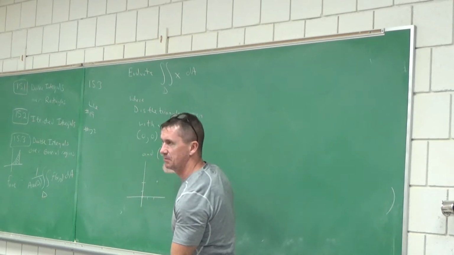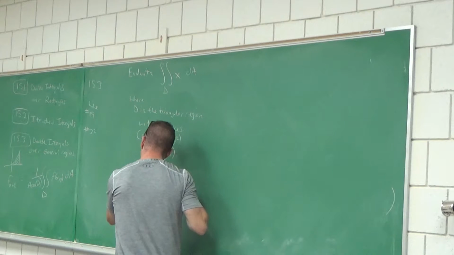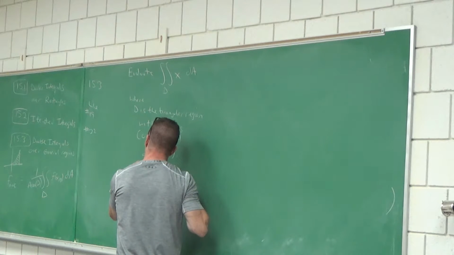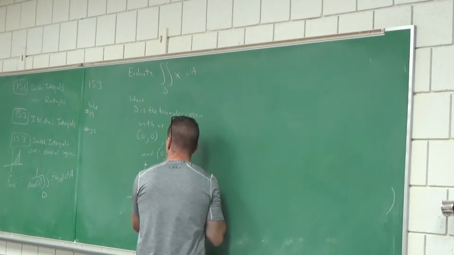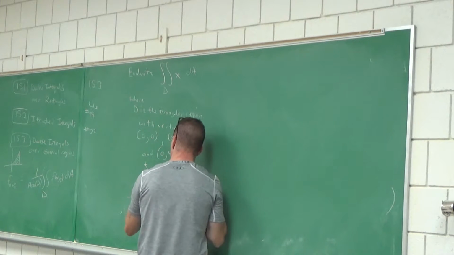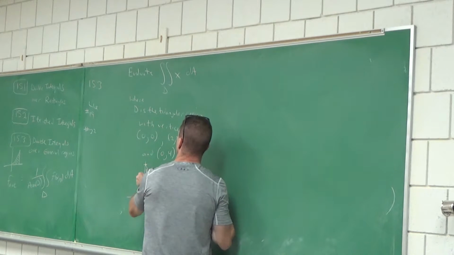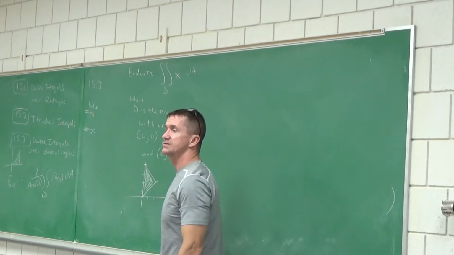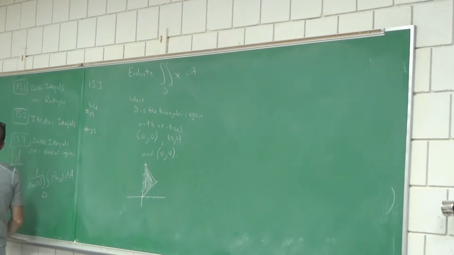Where is 0, 4? That's over on the y-axis. Don't we agree? There you go. Shade it in, the triangle. And a triangle is a general region, so I might as well add it to this image. Triangles are general regions. That means you can't split it up.